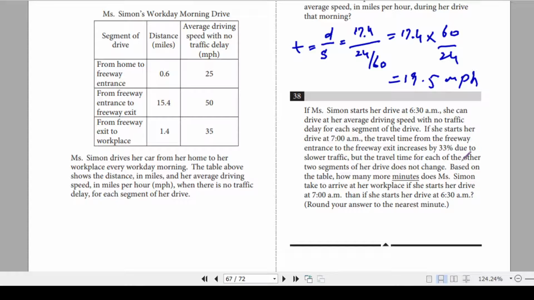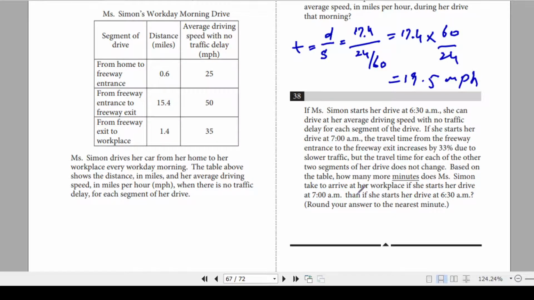But the travel time for each of the other two segments of her drive does not change. Based on the table, how many more minutes does Miss Simon take to arrive at her workplace if she starts her drive at 7 a.m. than if she starts her drive at 6:30 a.m.?